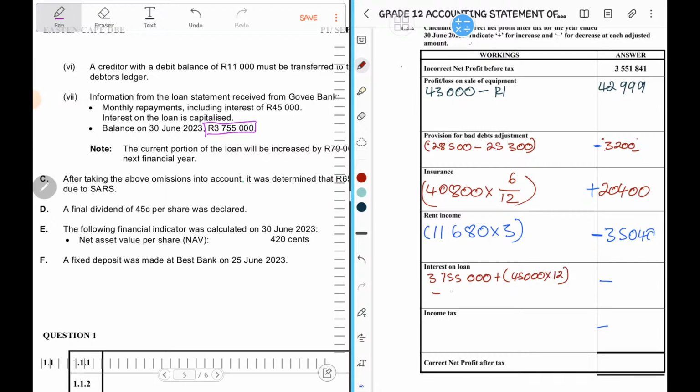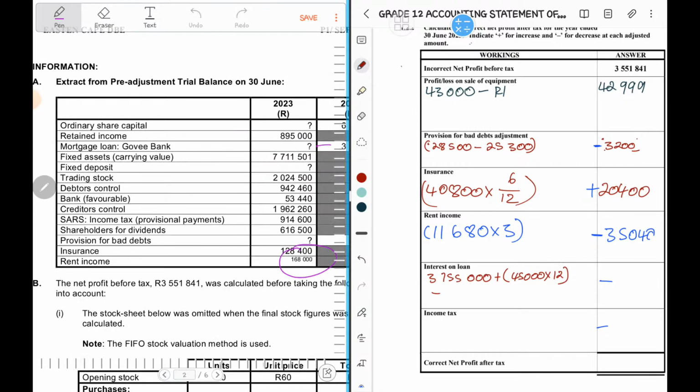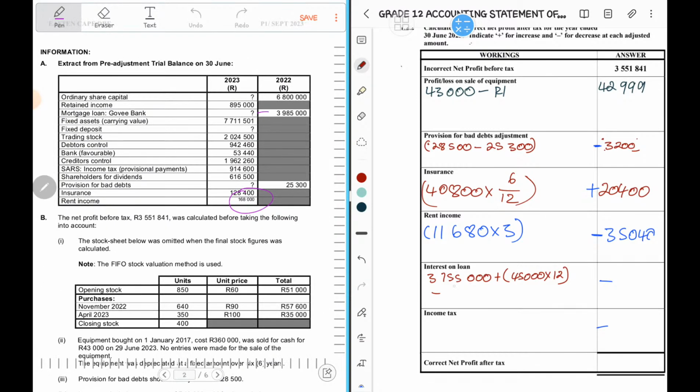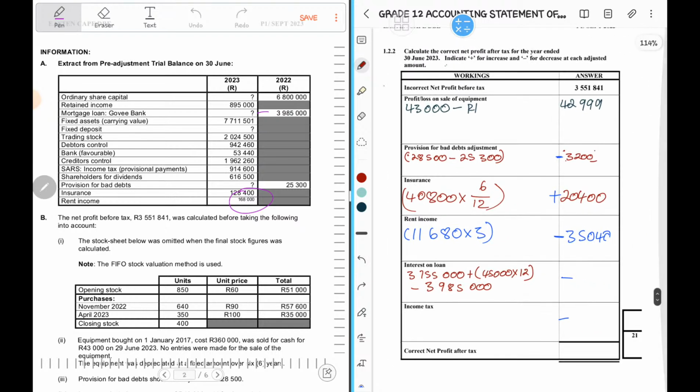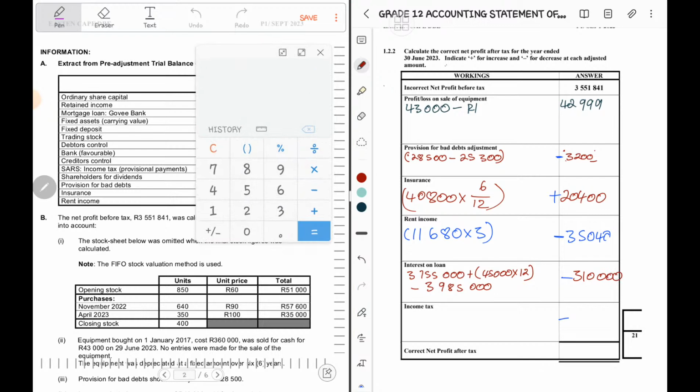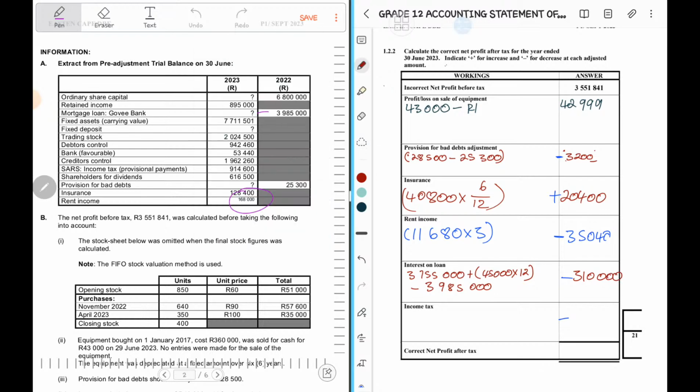Then we're going to subtract the loan balance according to the trial balance at the beginning of the year, which is 3,985,000. Then that'll give us 310,000. The 310,000 is the interest on loan. I've calculated it earlier here.